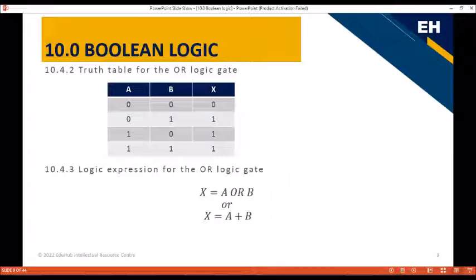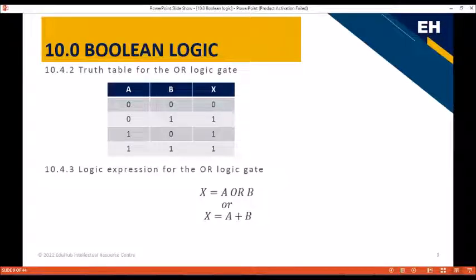Again, the truth table for the OR logic gate has 4 input combinations, and of course you can see that the output is only 0 when both inputs are 0. Every other output becomes 1, as you can see.